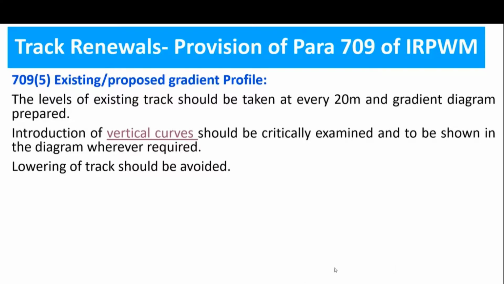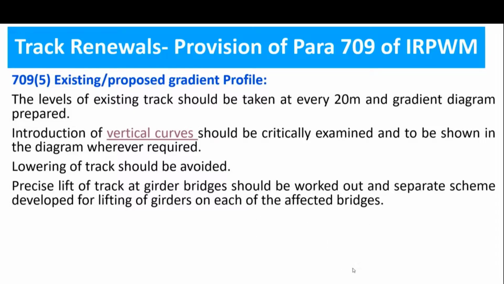Then lowering of track should be avoided, as we know that it is not possible to do the lowering, and it is resorted to only in extreme circumstances; otherwise lowering should be avoided. Then at the girder locations, precise lift is to be worked out, and the scheme for raising of the girders on the affected bridge should be carried out.